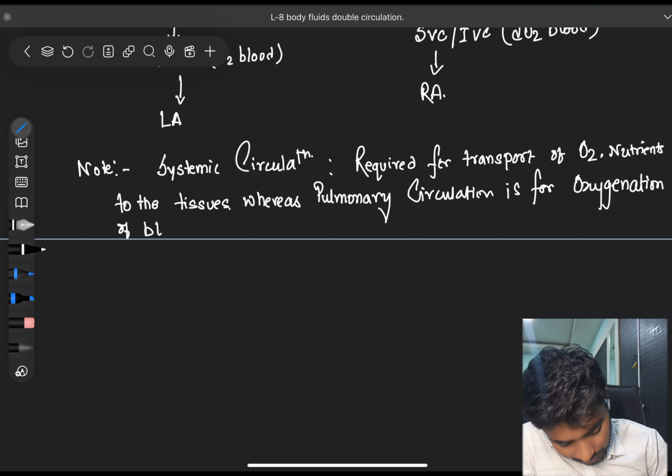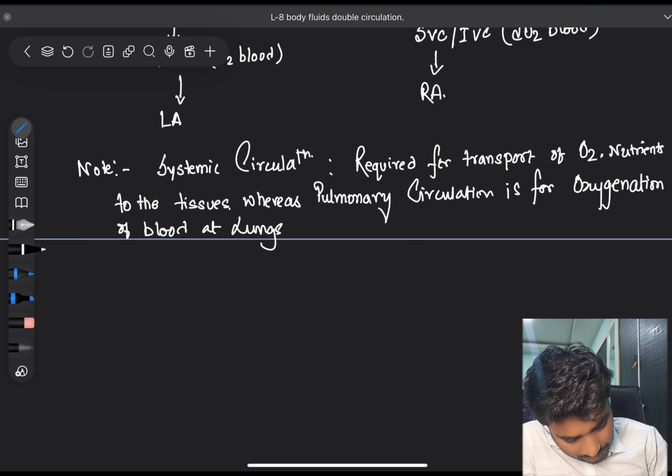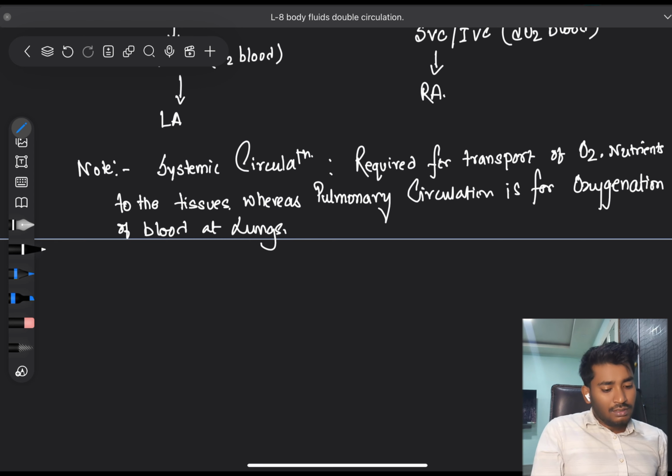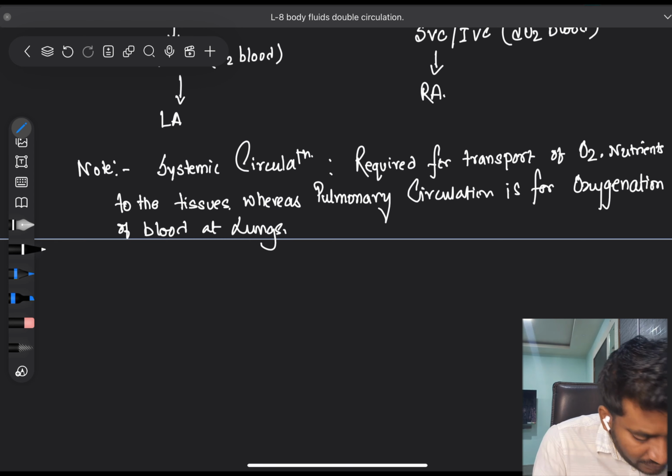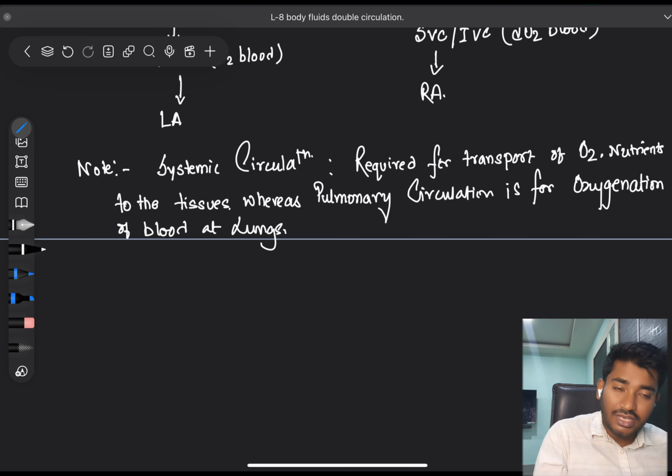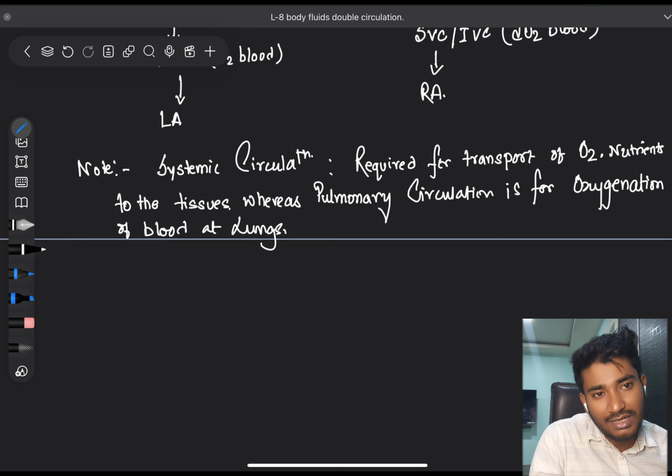What is the function of the systemic circulation? The systemic circulation is required for the transport of oxygen and nutrients to the tissues, whereas the pulmonary circulation is for oxygenation of blood at the lungs.